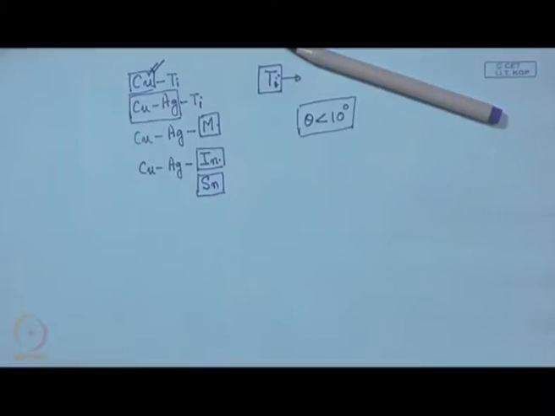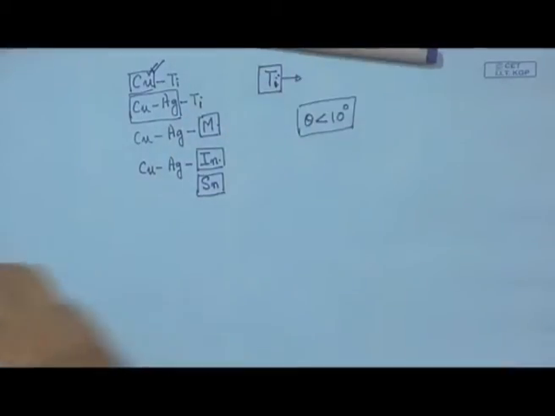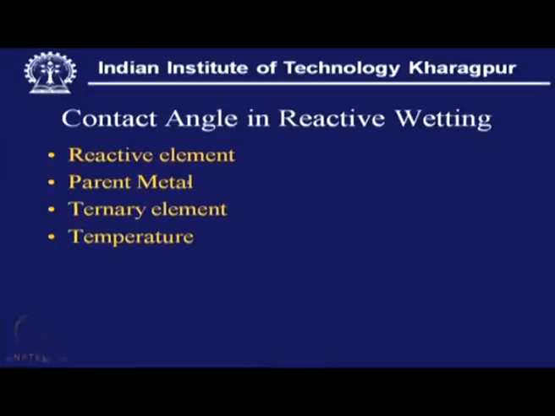One is the choice of the reactive element, whether it is from group 4, 5 or 6, then its concentration, then what the parent metal is, whether it is a pure metal, a binary alloy or a ternary alloy, and what the role of the ternary element is. And last but not the least, the prevalent temperature at which this wetting process is initiated and conducted.